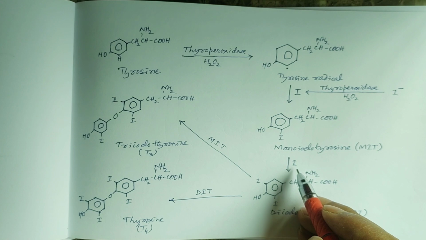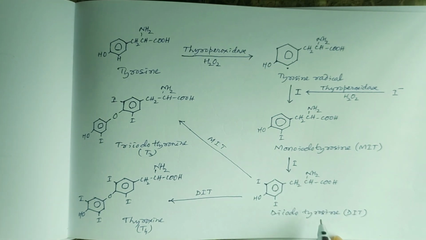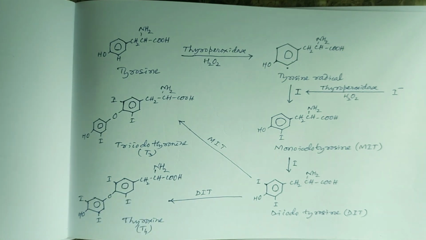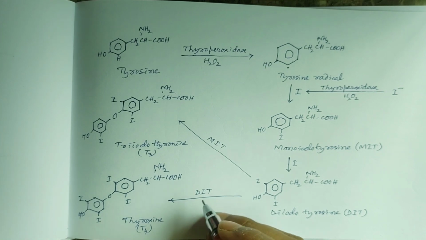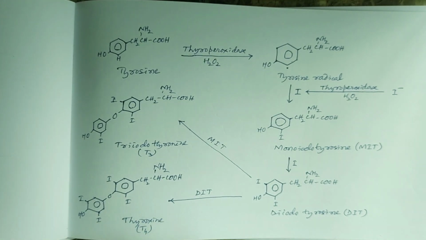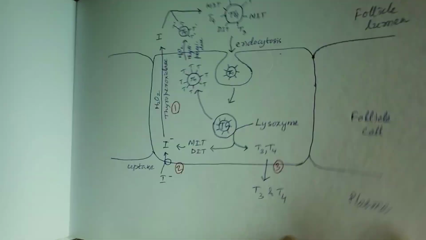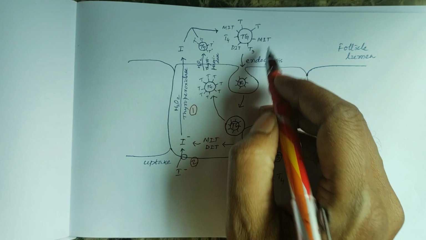Then in presence of another iodine it becomes diiodotyrosine. Diiodotyrosine with monoiodotyrosine becomes triiodothyronine, and diiodotyrosine with another diiodotyrosine becomes thyroxine T4. These T3 and T4 are synthesized in the lumen.